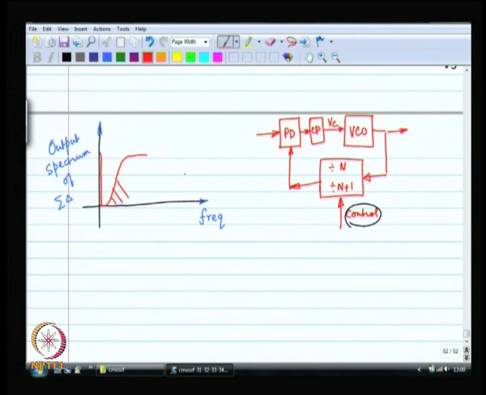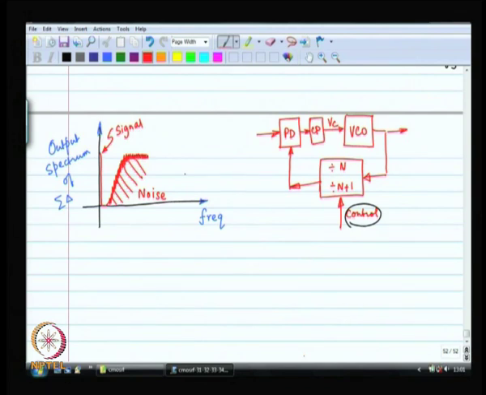Where all of this is noise, rather quantization noise, and this is your signal. Okay. This is a more realistic scenario.